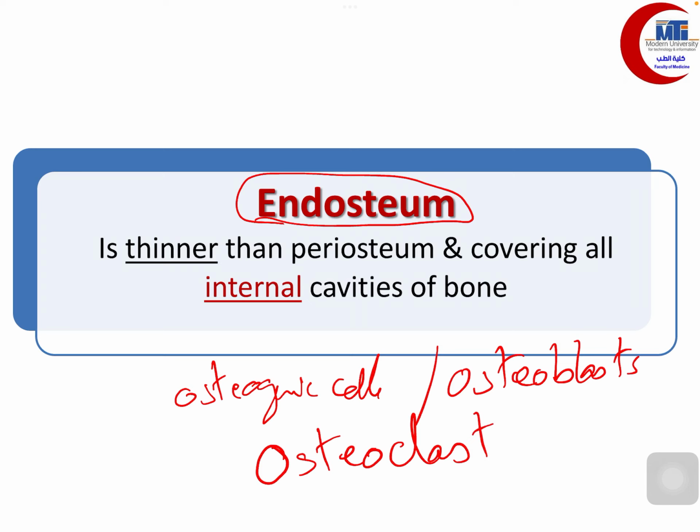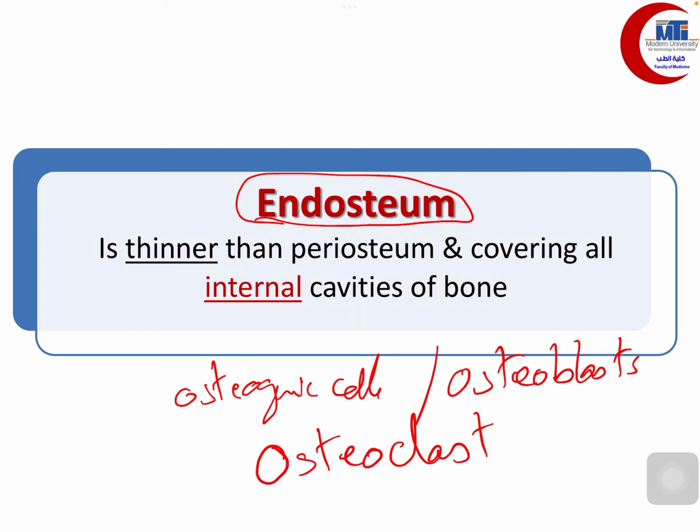So the endosteum layer contains cells that can break down bone tissue, and other cells that can synthesize new bone tissue. These cells can digest old or worn out bone tissue substance, and the osteogenic cells can synthesize new bone matrix and bone tissue.